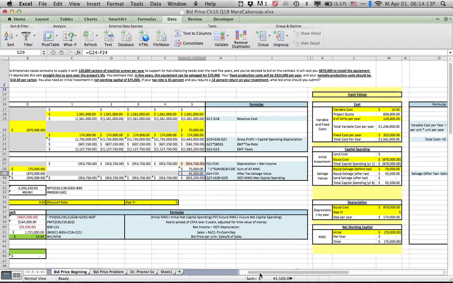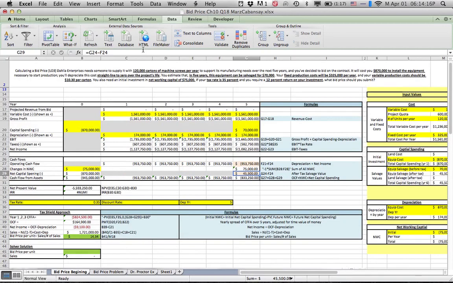So you can either calculate it like that if it was given, or the after-tax value of your net capital spending is going to be the difference between your net income in the last year of your project versus the year before. So as you can see, the last line here is the cash flow from assets, and is just the sum of your operating cash flow, your change in net working capital, and your net capital spending.